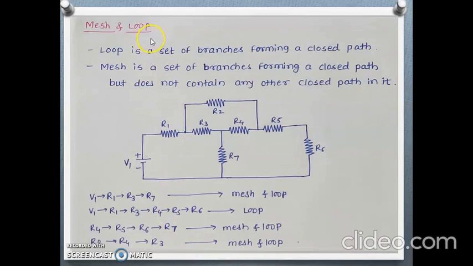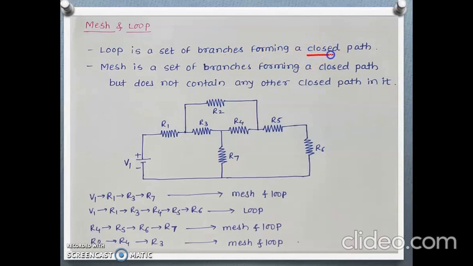Before going to the actual KVL law, we will discuss some basics related to that: the mesh and loop. What is meant by mesh and what is meant by loop? The loop is a set of branches forming a closed path.